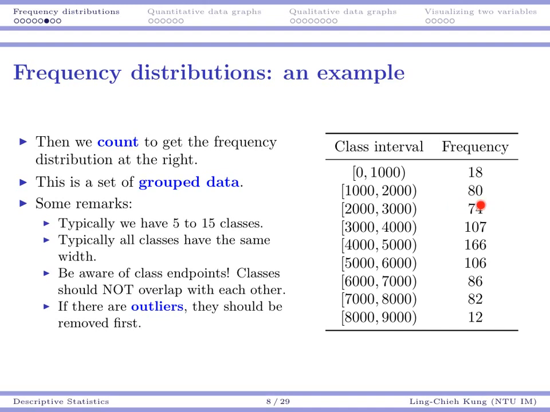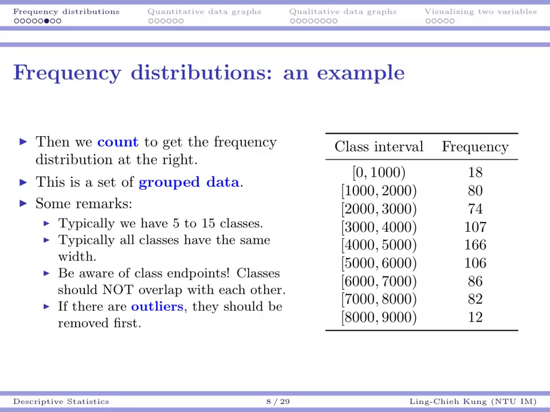There are 18 numbers from 1000 to 2000 and so on. Once we do that, we have a set of grouped data. Previously it's a set of ungrouped data with 731 numbers, but now it's a set of grouped data with 9 groups. So just to remind you, typically we have 5 to 15 classes.